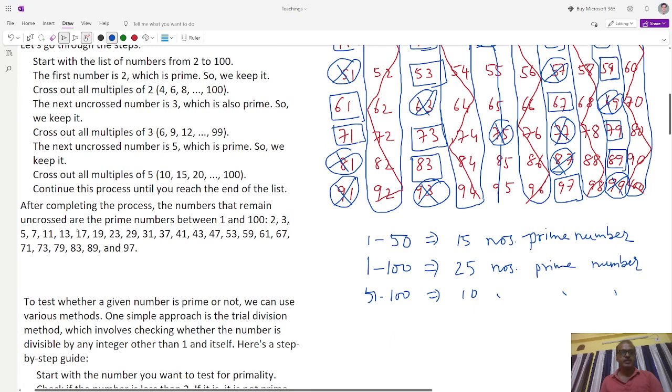We find that the uncrossed numbers are 2, 3, 5, 7, 11, 13, 17, 19, 23, 29, 31, 37, 41, 43, 47, 53, 59, 61, 67, 71, 73, 79, 83, 89, 97.